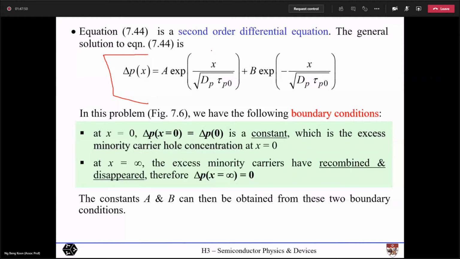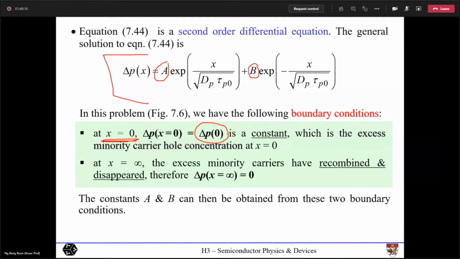Then of course the other thing that we need to do here is to find out the unknown values of A and B. You have boundary conditions that you can apply. At x equals 0, the excess carrier we can denote as delta p of 0, a value that sometimes we know, so we just say it's some constant delta p of 0.